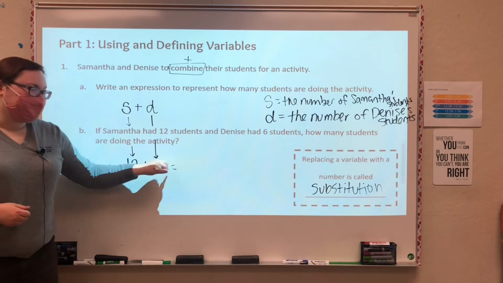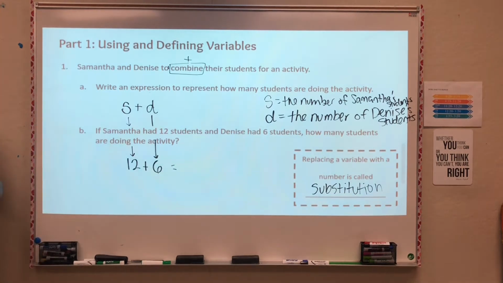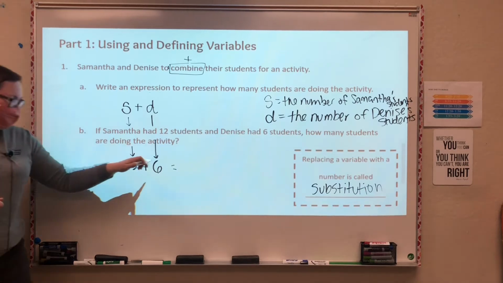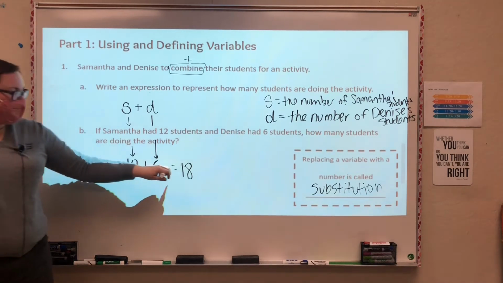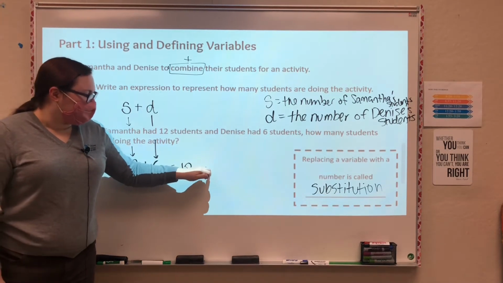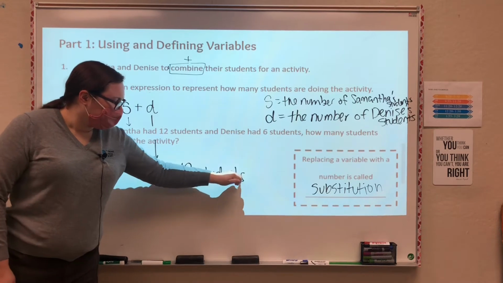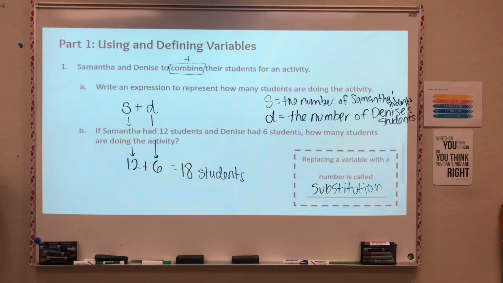Now when you add 12 and 6, you get 18. So to answer the question, how many students are doing the activity? We're just going to say 18 students. This part here, questions like this, you guys already know how to do.